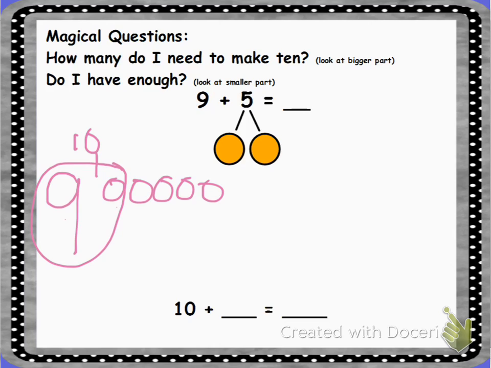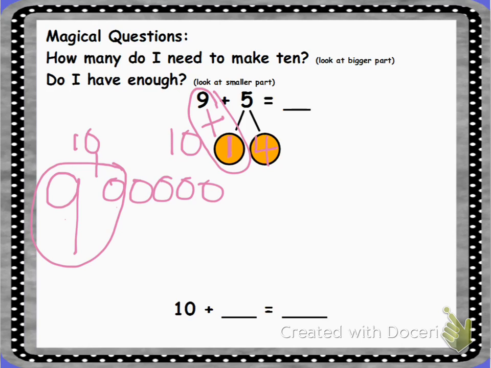So that 5 will say, okay, I'll give you 1. So that 5 is going to give 1 away. And we know that 9 is now 10. So that 9 is happy now because that is now 10. Now, 5. Well, 5 just gave 1 away. So if we had 5 and we gave 1 away or we took 1 away, we know there is 4 left.